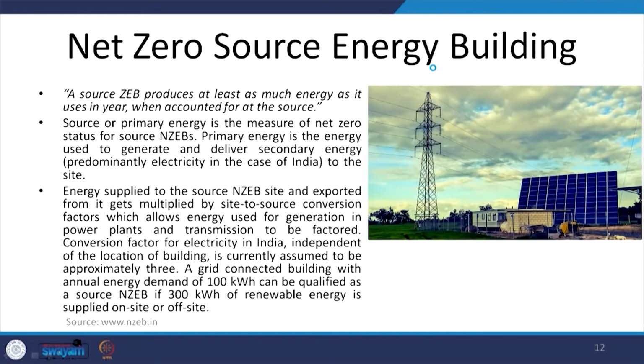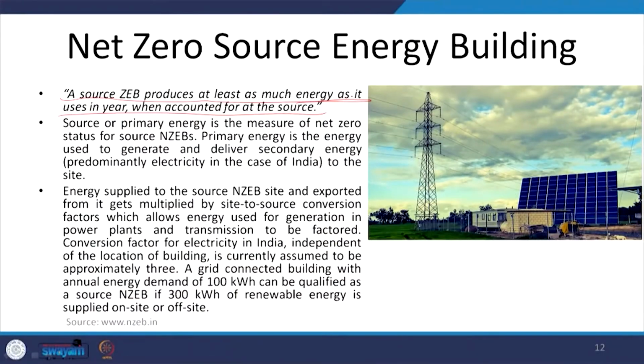The next is net zero source energy building. So, when we talk about this, a net zero source energy building produces at least as much energy as it uses in a year when accounted for at the source. What it implies is that it will still remain grid connected.